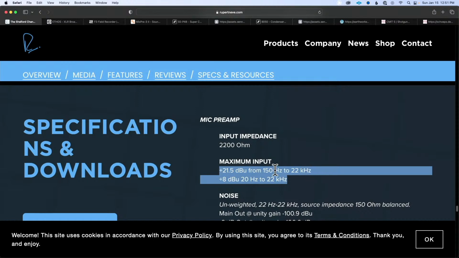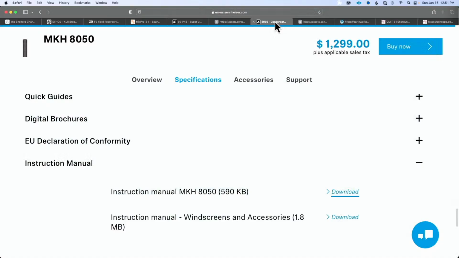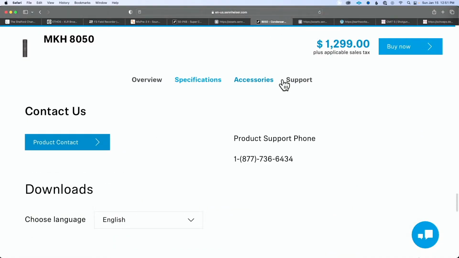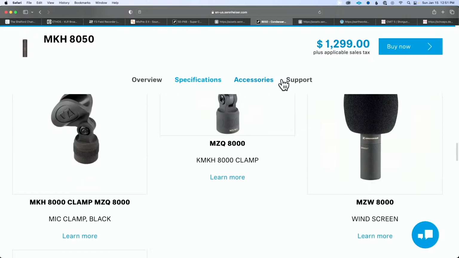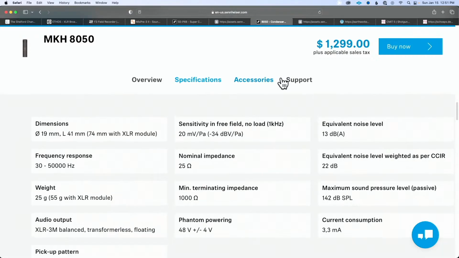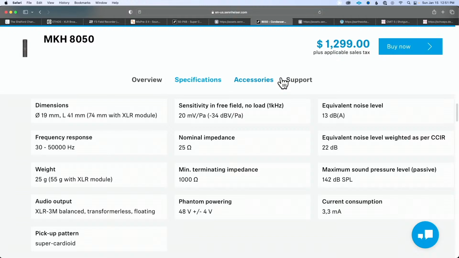Up to 22 kilohertz, the Shelford Channel can handle a max input of plus 21 dBu, but only 8 dBu from 20 hertz to 22 kilohertz. So that's another example of how when you see a single number specification, a lot of times it's averaging things out. There's a lot of averaging that goes on to be able to capture something in a single number. That's an important factor to keep in mind as well. So thanks, Audio Buff. Okay.